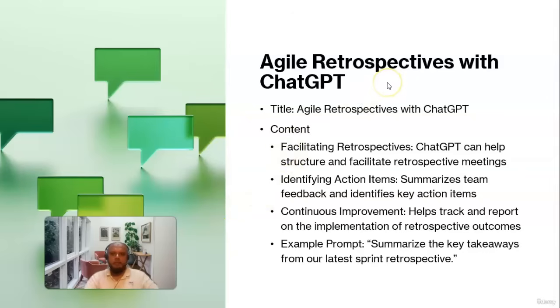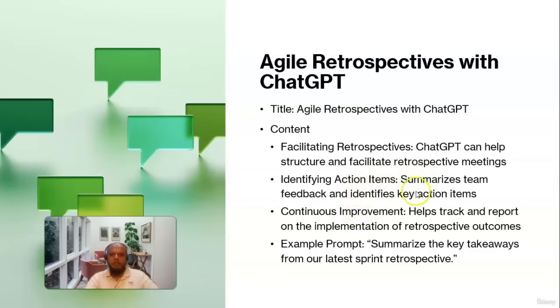Agile retrospectives with ChatGPT. Agile retrospectives are crucial for continuous improvement. ChatGPT can enhance the meeting by facilitating retrospectives. ChatGPT can help structure and facilitate the discussion, ensuring all key points are covered.